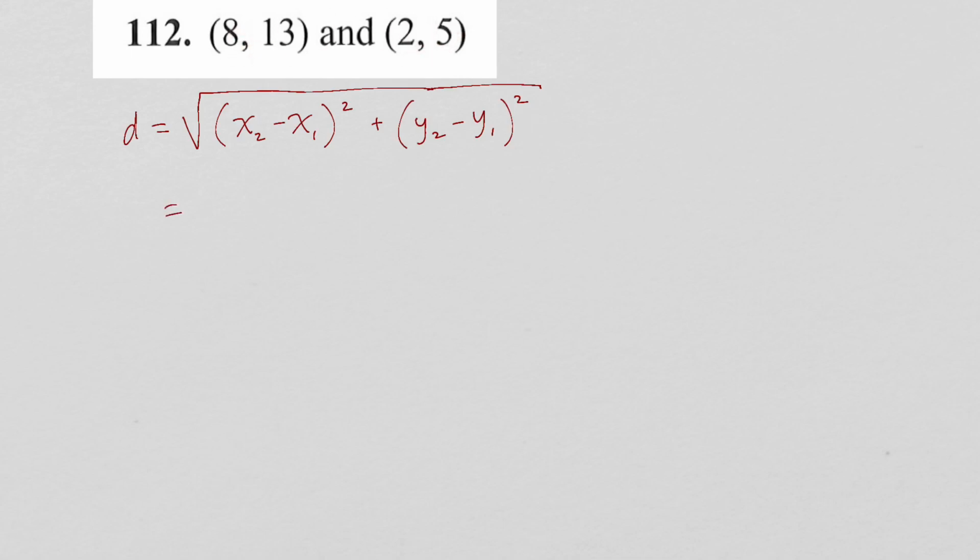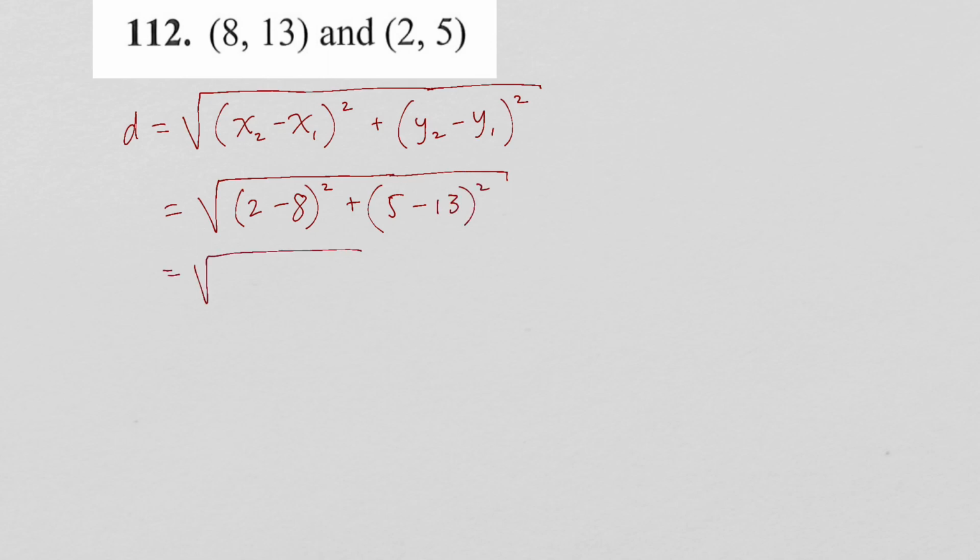So this is the square root. x2 is the x value of the second point, so that's 2, minus x1 is the x value of the first point, so that's 8, squared, plus y2, which is the y value of the second point, that's 5, minus y1, which is the y value of the first point, that's 13.